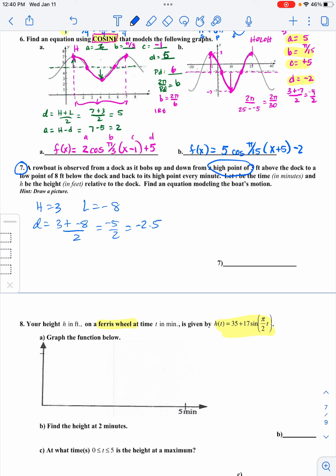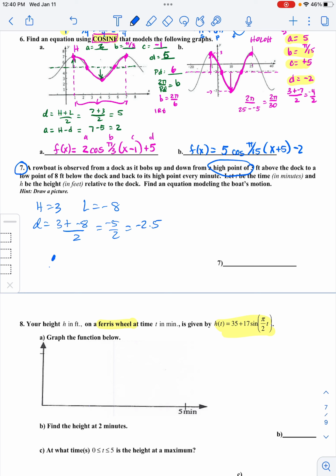When you go to draw, I don't know if you want to draw it or not. I guess that's totally up to you. So if this is just like the x-axis, let's say, I'm going to have a dock at -2.5 below that for a shift. And then it's going to go up 1, 2, 3. No, I'm sorry, it's going to be a high of 3. Wait, why am I so confused? My drawing is terrible.